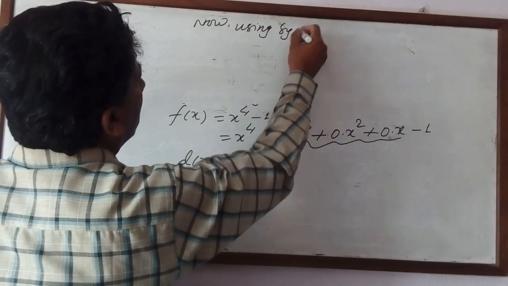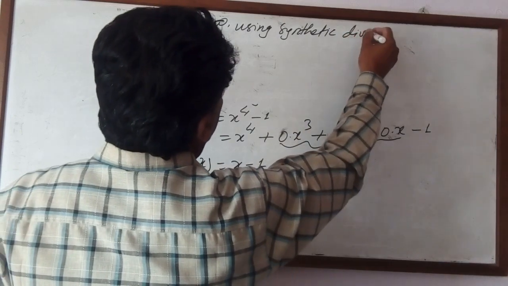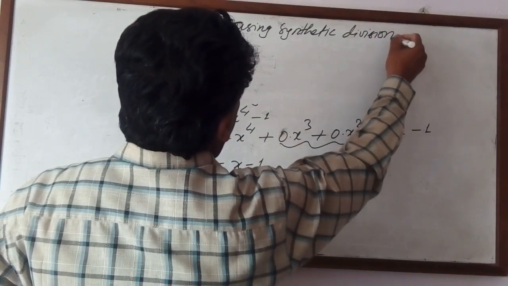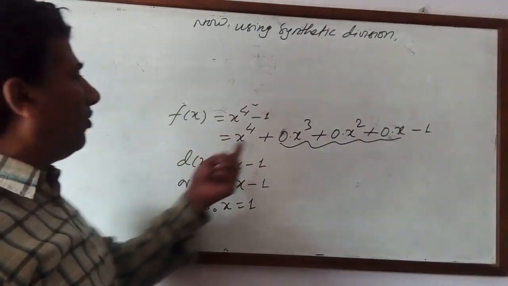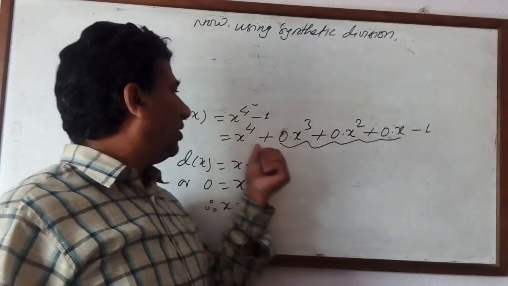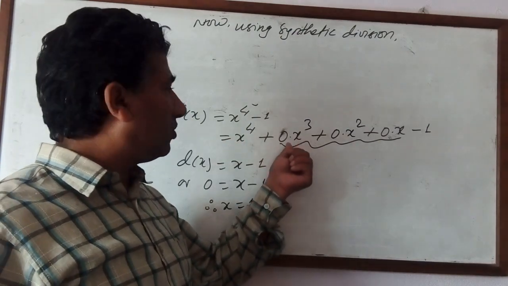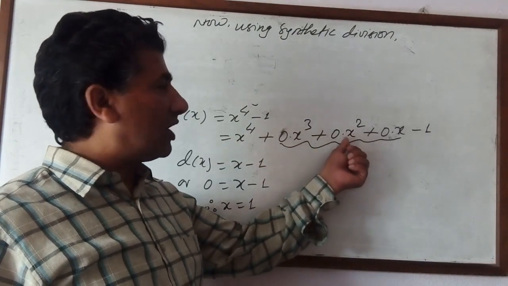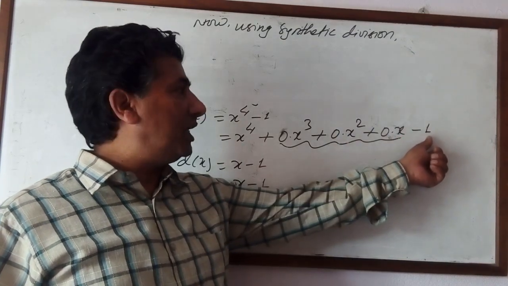Using synthetic division, first of all, I write the coefficient of each term of the polynomial. What is the coefficient of x power 4? 1. What is the coefficient of x cube? 0. What is the coefficient of x square? 0. What is the coefficient of x? 0. And the last constant term is minus 1.